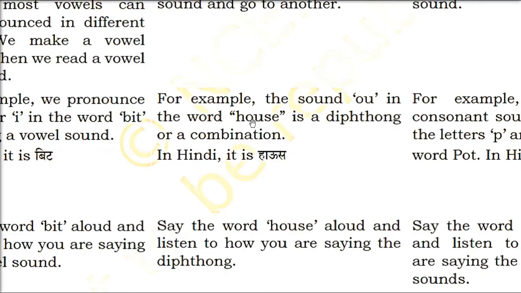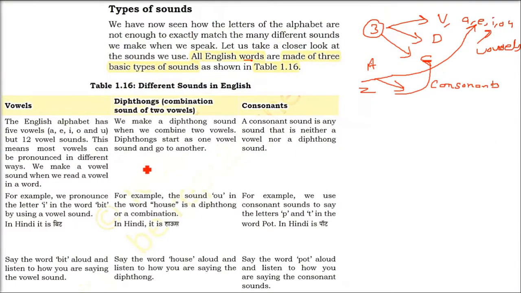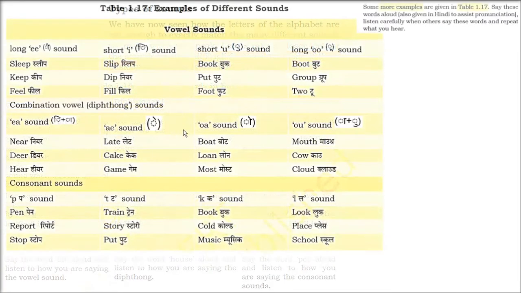So OU has given this effect in house. If I write only HOSE, it is hose, or whose. But when you combine OU, it will be house.